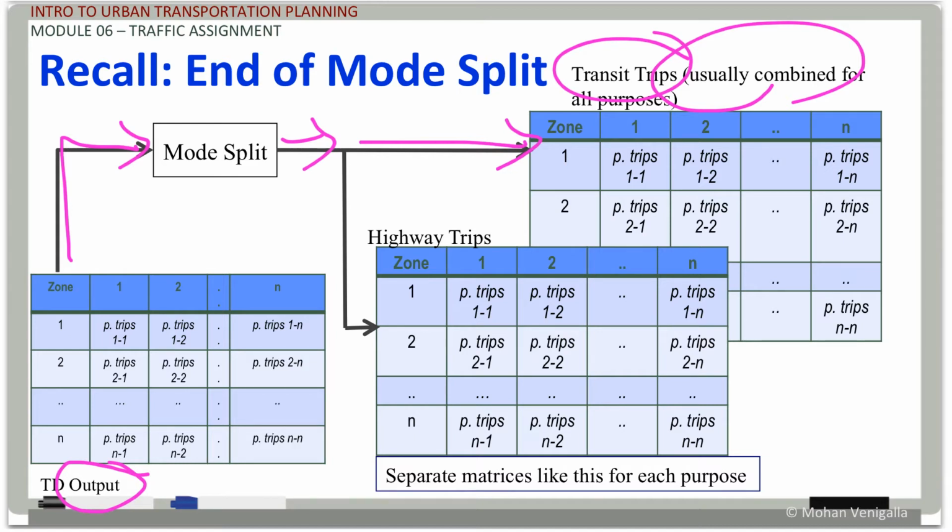Whereas on highway trips, if you have four people, maybe they use one car, maybe they use two cars. So that's why here you don't combine them. You still maintain the purpose.